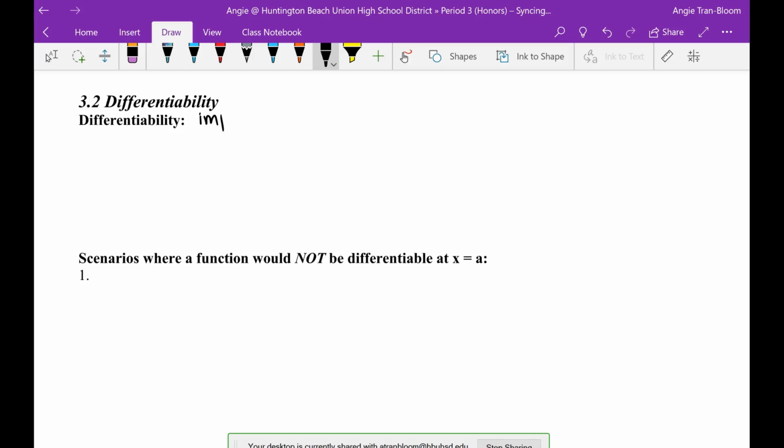Differentiability implies continuity. Okay.